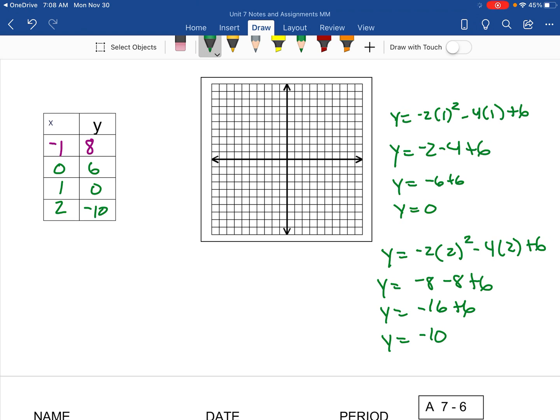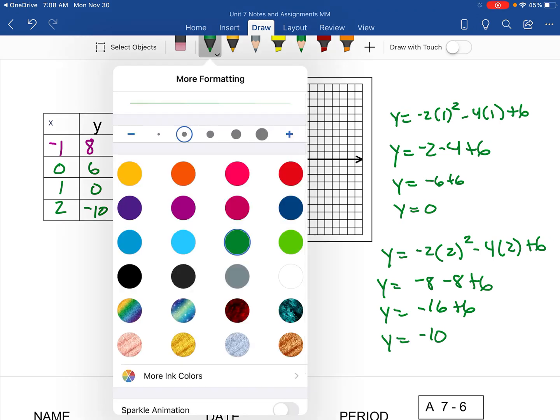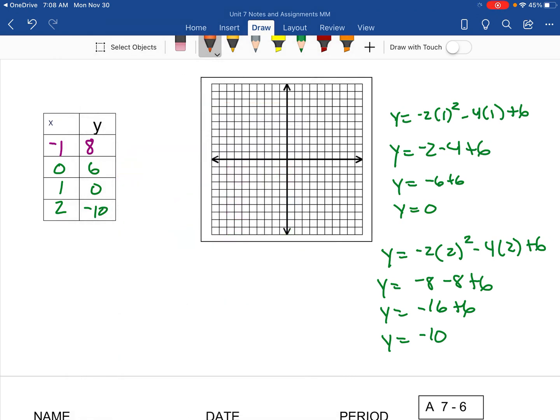All right. So now let's just simply graph those points. So negative 1, positive 8 is my vertex. Okay, 0, 6, my y-intercept, 1, 0, and then 2 all the way down to negative 10 is my other point.